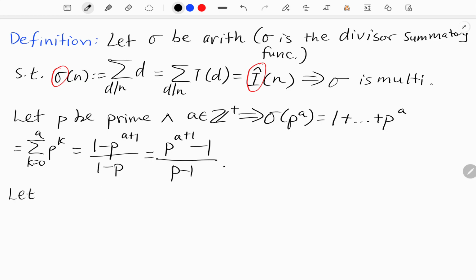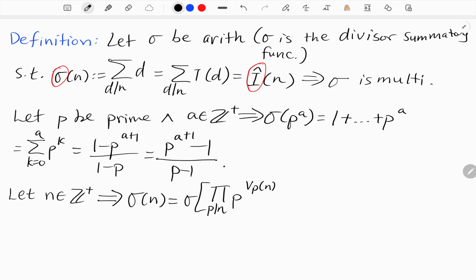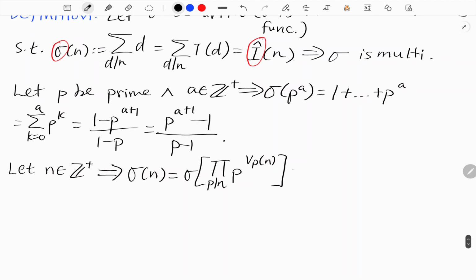So now let n be a positive integer. This implies that sigma of n is equal to sigma of the product running over all primes dividing n of p to the valuation sub p of n. Sigma is multiplicative, therefore this is the same thing as the product running over all primes dividing n of sigma of p to the v_p of n.